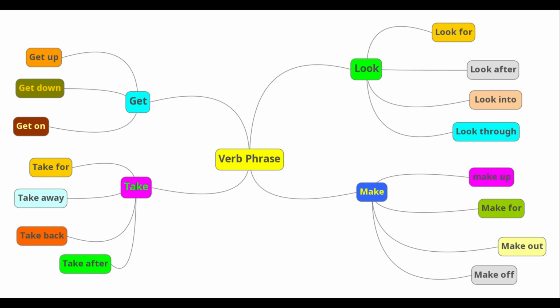For get verb: get up, get down, get on, etc. For take verb: take for, take away, take back, take after. There are many examples of phrasal verbs. I will make a separate video on phrasal verbs.